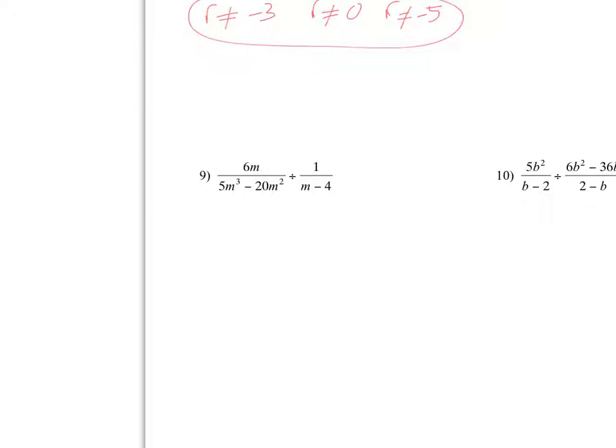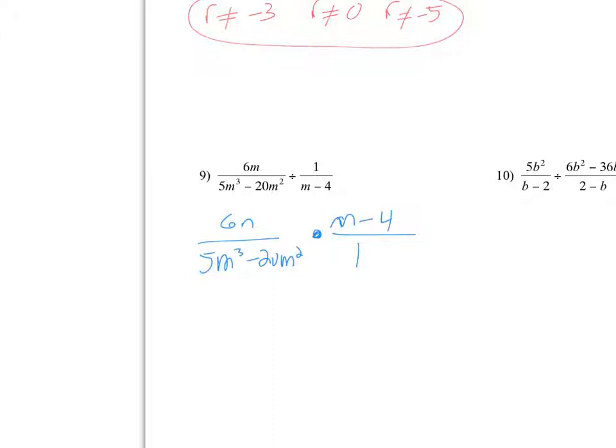So I see 6m, keep it, 5m to the third minus 20m squared. Change the sign to multiplication and flip it. So it's m minus 4 over 1. Sorry, my writing isn't so good today. I'm not using my regular pen.